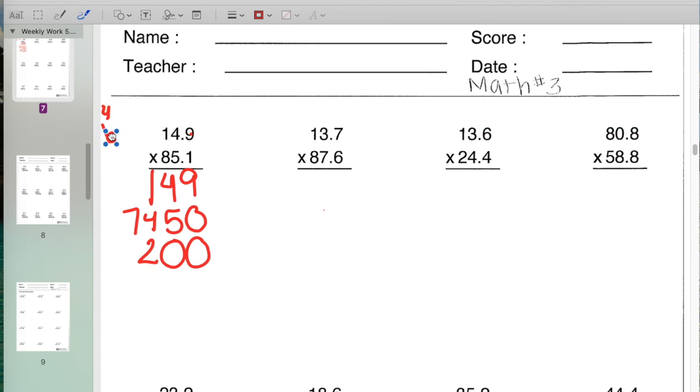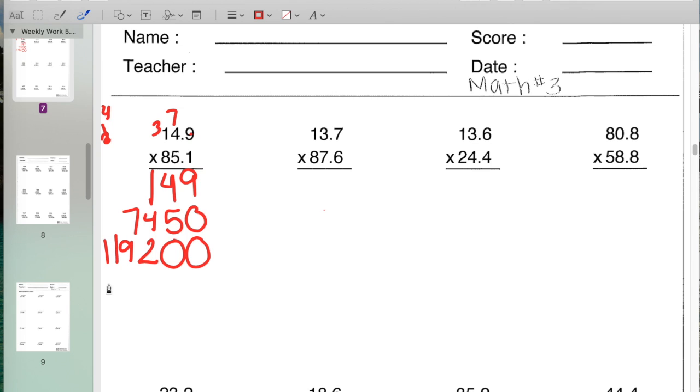So add that 7 up there, and then 8 times 4 is 32. Add that 7, you get 39. So we're going to put that 9 down here where it belongs, and then carry that 3. And then we're going to do 8 times 1, which is 8, plus 3, which is 11. We're going to write our 11 down here.